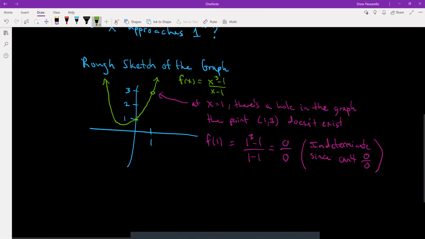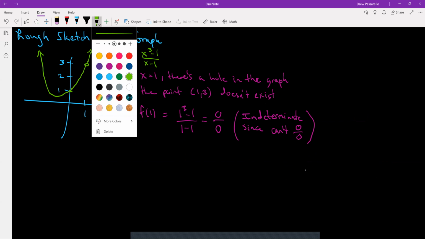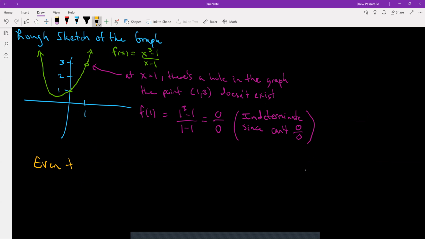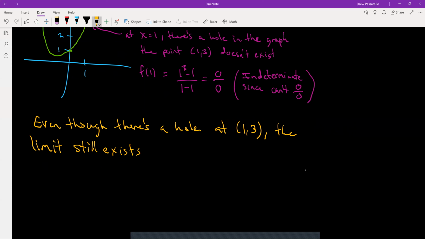All right, even though there's a hole on the graph at 1, so I'll summarize this in a different color, the limit still exists. And why is this?